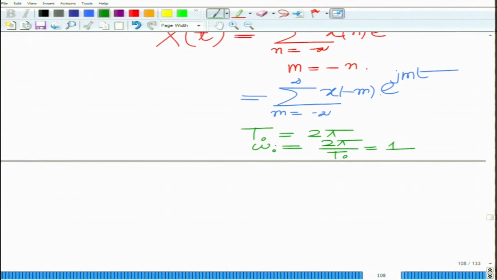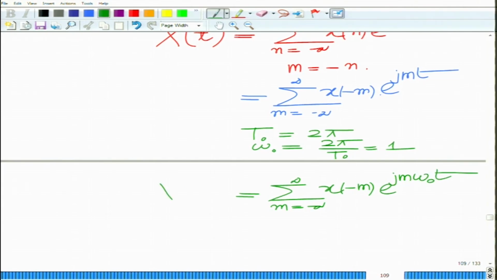So, I can denote omega naught by 1 and I can write this as summation m equals minus infinity to infinity x of minus m e raised to j m omega naught t, where omega naught is equal to 1 and that is the fundamental frequency.